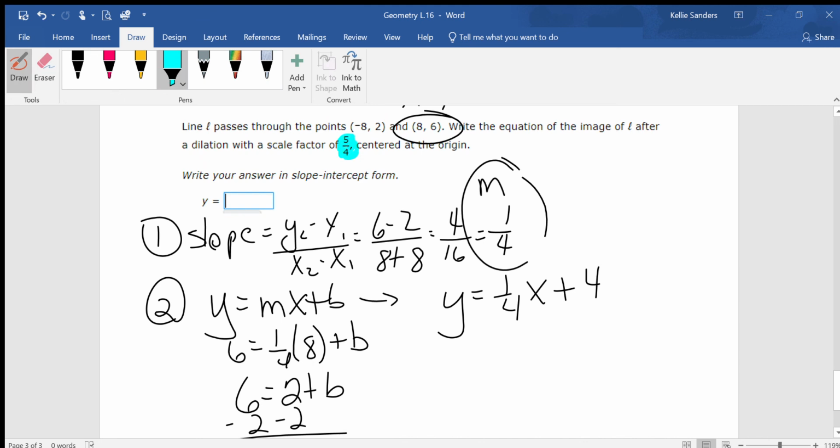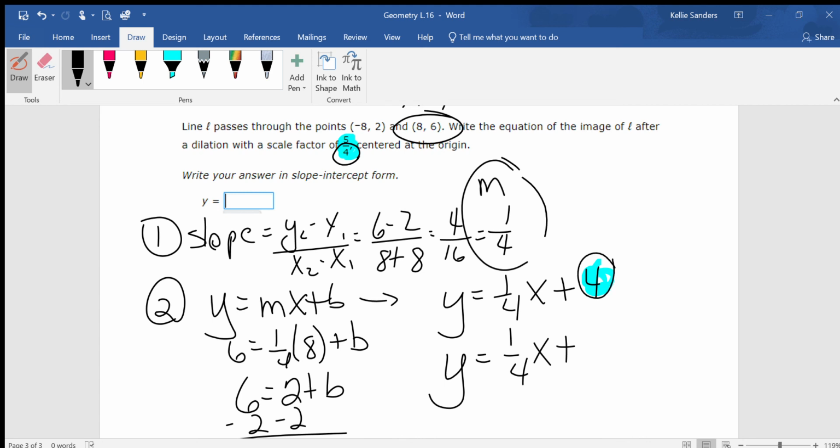The scale factor is 5/4. That's what we're going to do. So y equals 1 over 4x plus, we take the 4, divide by the bottom, so what's 4 divided by 4? 1, and then multiply by the top, and get 5.